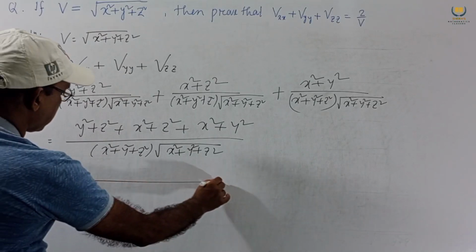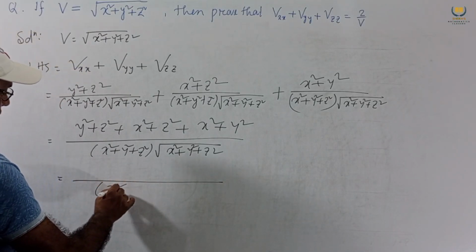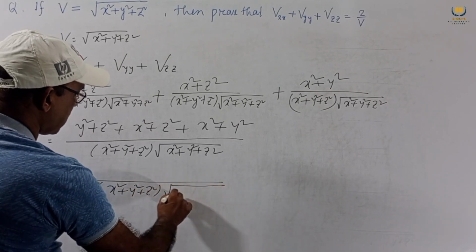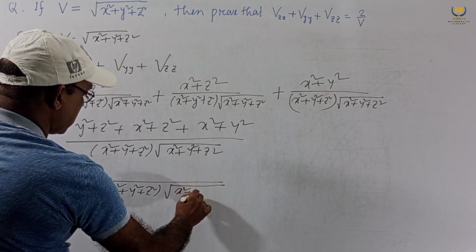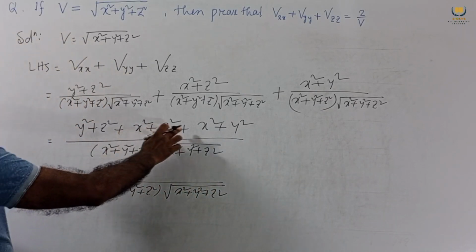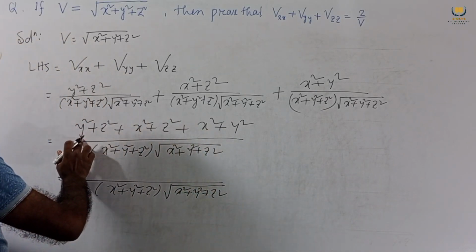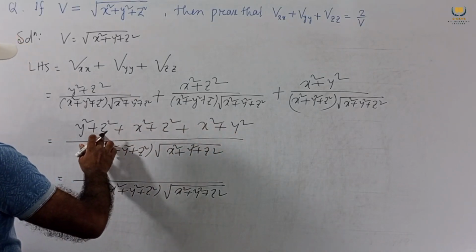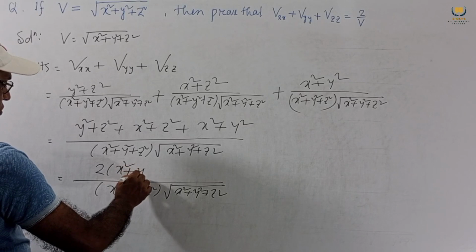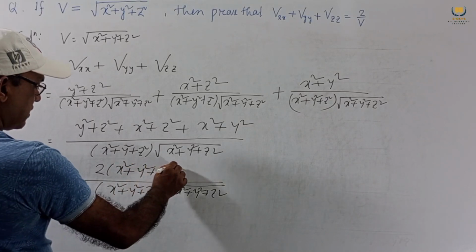So this denominator remains the same, and here I get 2x square, 2y square, 2z square, taking 2 common we get x square plus y square plus z square.